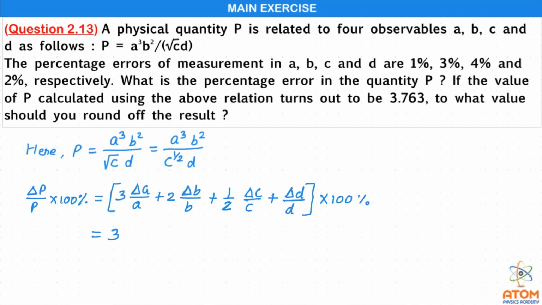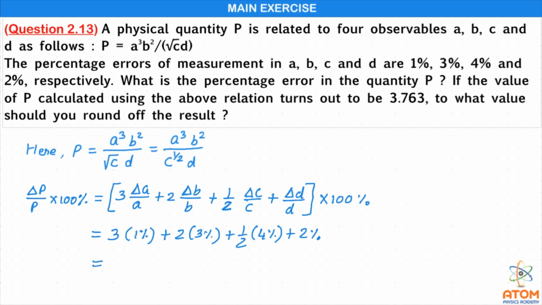So I'll put here 3 into 1% plus 2 into the error in B, that is 3%, plus 1 by 2 into the percentage error in C, that is 4%, and now the percentage error in D, that is 2%.